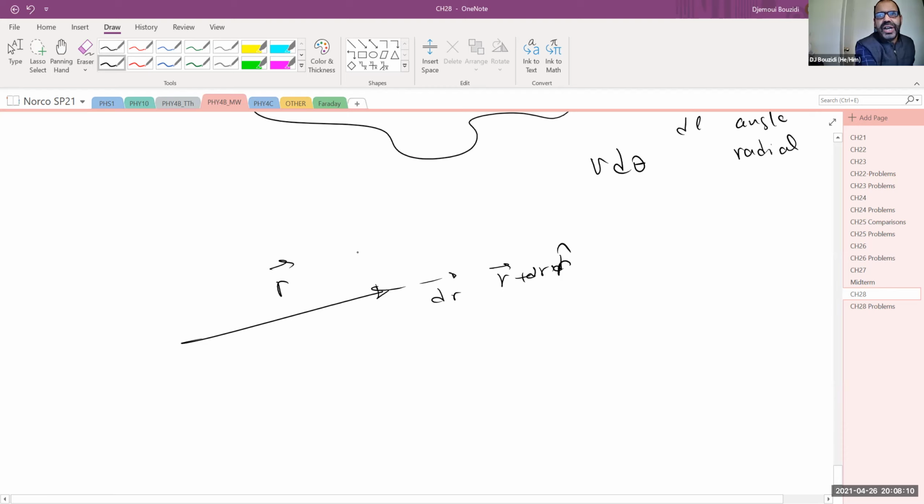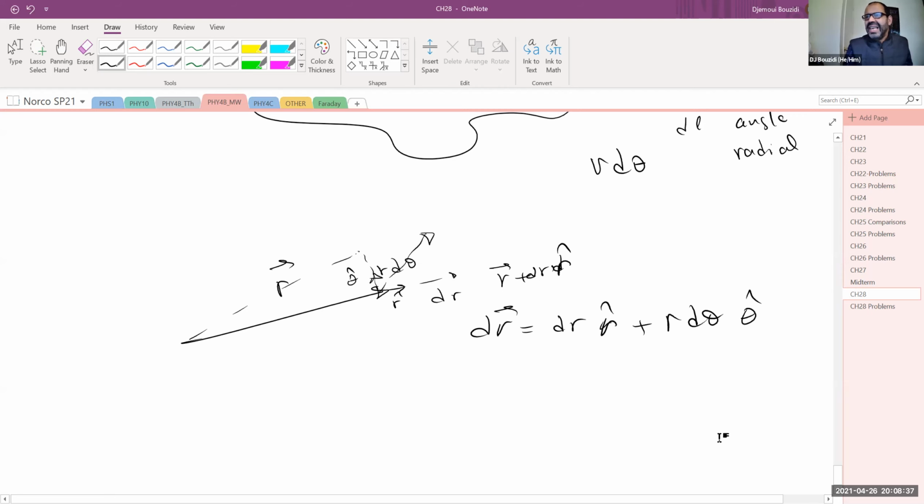Or I can change its direction, and according to the direction, this change is r d theta in the theta hat direction. So the overall change of any vector is the sum of the two: dr in the radial direction plus r d theta in the theta hat direction.